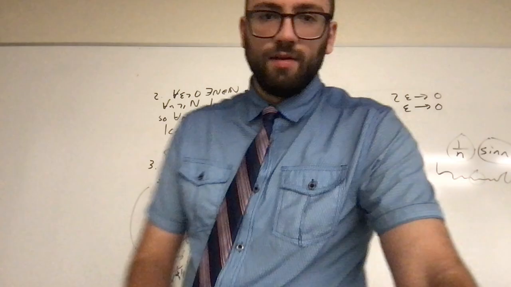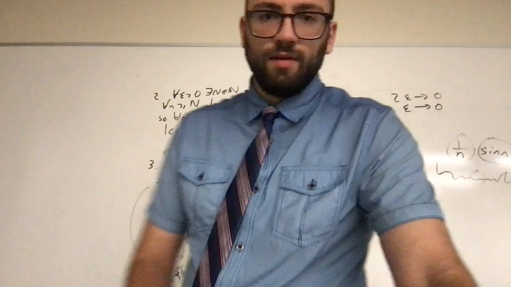I feel like there's a way to do it without that, using properties. I said that it's because sine of n is bounded. Sine of n is bounded between -1 and 1, which means you have some number between -1 and 1 over n. So you're using the squeeze theorem almost, right?